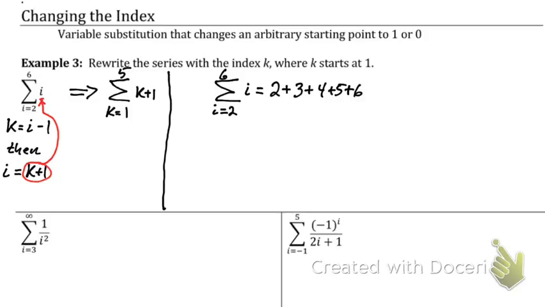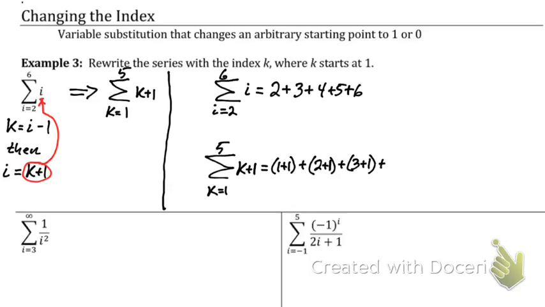Let's make sure that second one is the exact same. So the one I changed, we had k equals 1, and we said that's going to go to 5, and that's going to be k plus 1. Well, we start with 1, so we'll have 1 plus 1, plus, now we move on to 2, so it'll be 2 plus 1. Then we move on to 3, which is 3 plus 1.